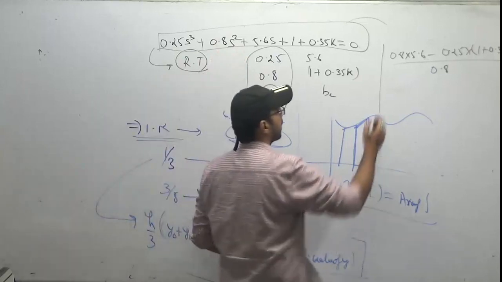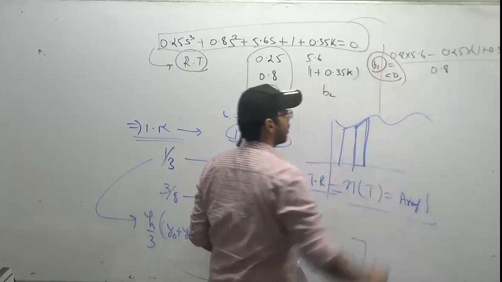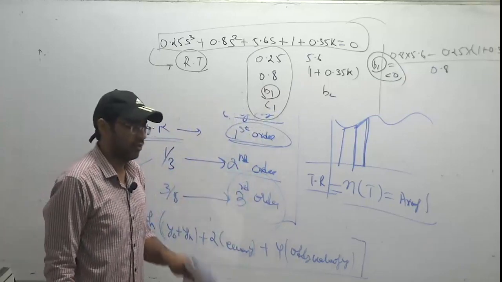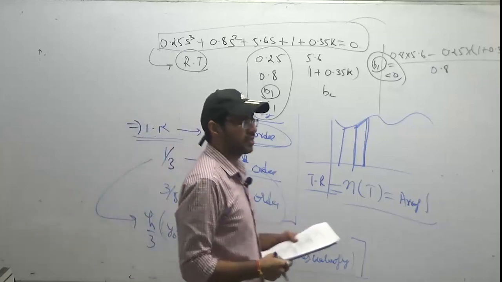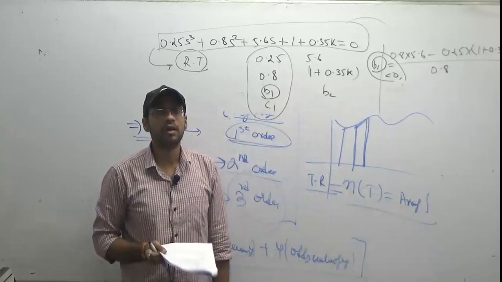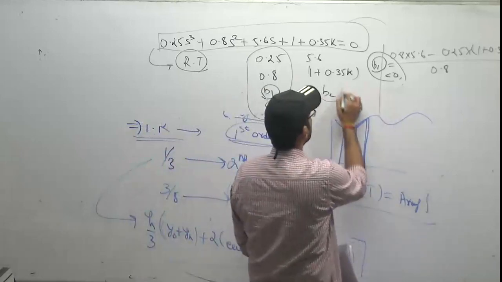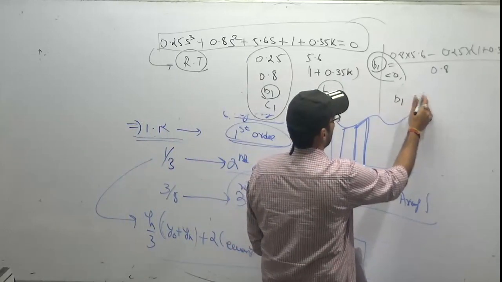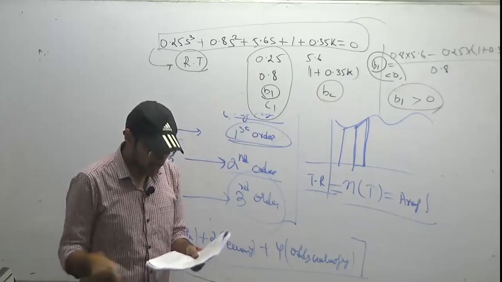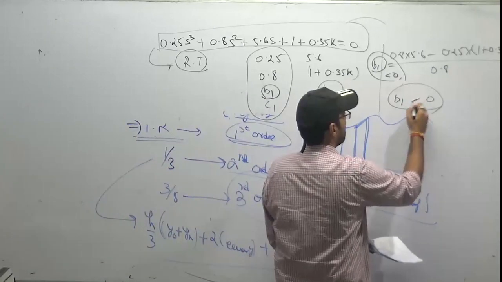If you are getting the value of b1 and c1 negative, then we can say our closed loop system will become unstable for a particular value of k. When the system becomes unstable, b1 has to be less than 0.